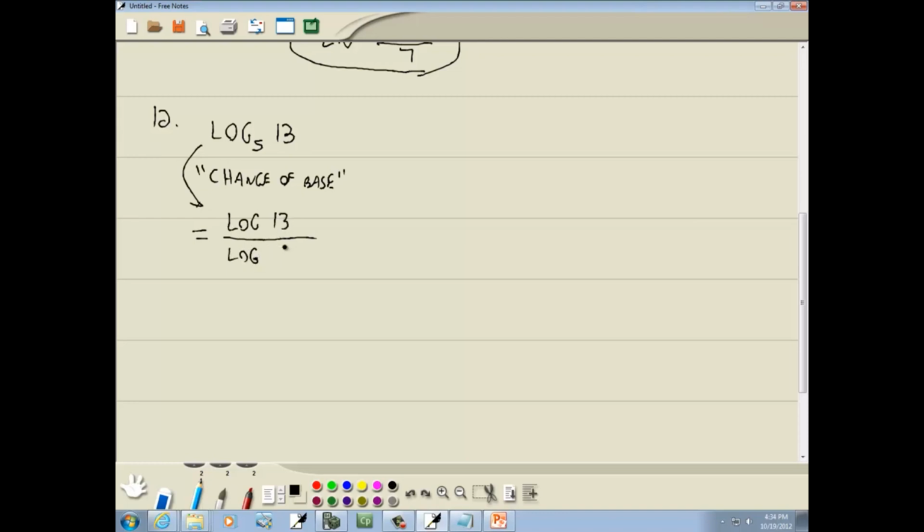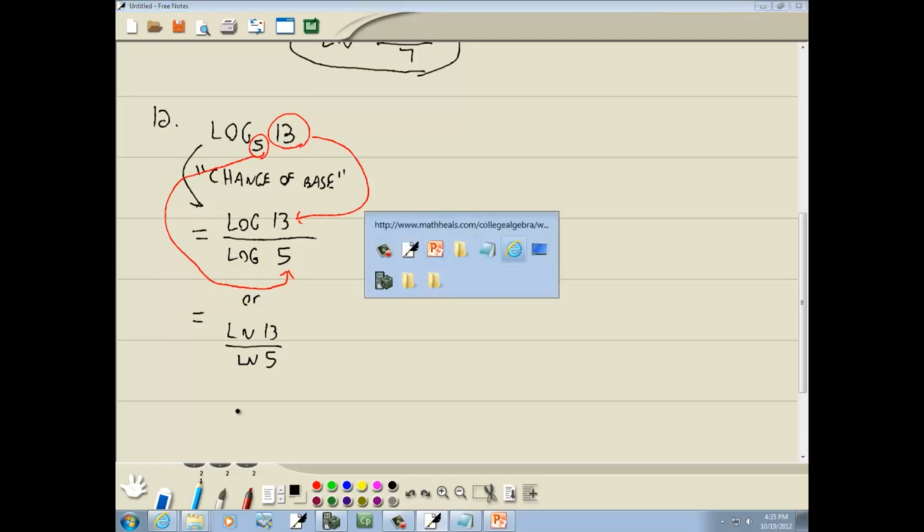Specifically, 13 goes here and the 5 goes here. The way it always works, change of base, whatever follows a log goes up on top, and whatever's right here goes on the bottom. Or, if you wanted to, you can rewrite this as natural log of 13 over natural log of 5. Change of base says you can actually rewrite it in terms of any base. Now the only two that actually make sense for the calculator are those two.